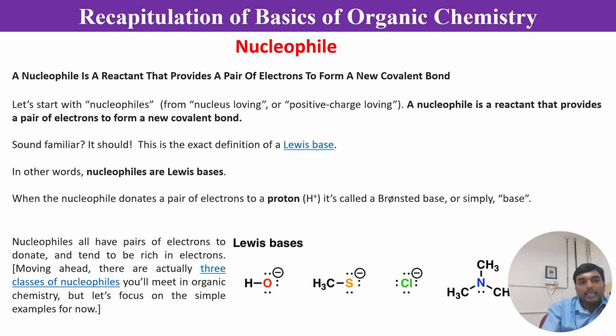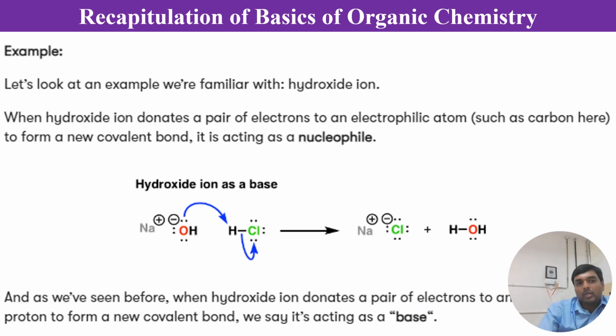The last part is nucleophile. A nucleophile is a similar concept to a base, so it will attract the electrophile to form a bond. For example, Lewis bases are nucleophiles: OH minus, chloride minus, or a tertiary amine group. Nucleophile and electrophile are complementary to each other and can easily form bonds.